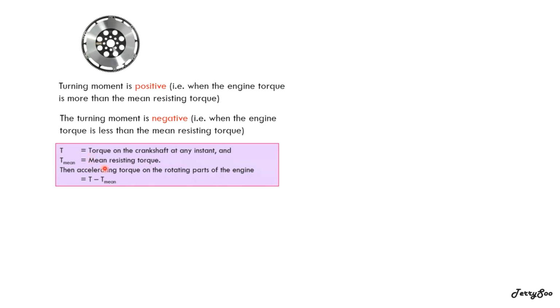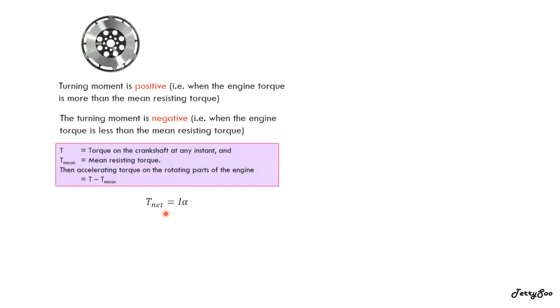Remember, energy required by the engine is always measured by referring to the area below the mean torque line. Then the accelerating torque on the rotating parts of the engine: if you take T minus T mean and get a positive value, it means acceleration. If you get a negative value, it represents that the flywheel would be decelerating.